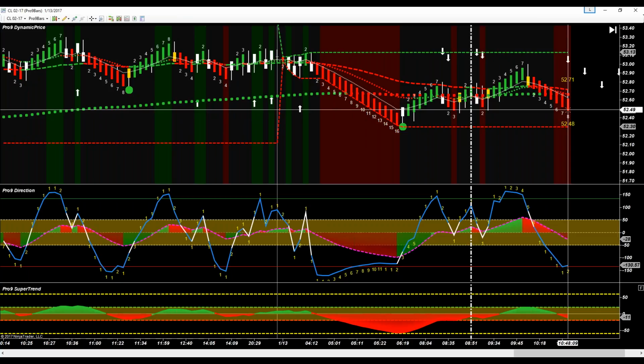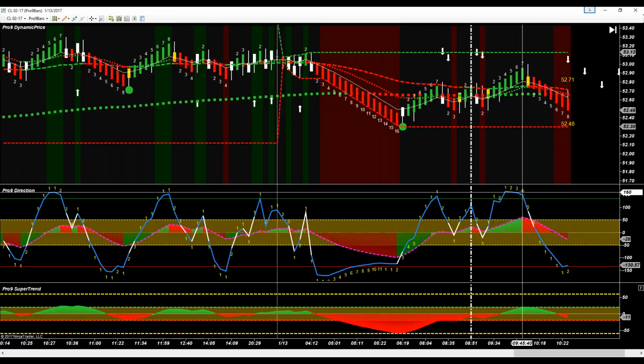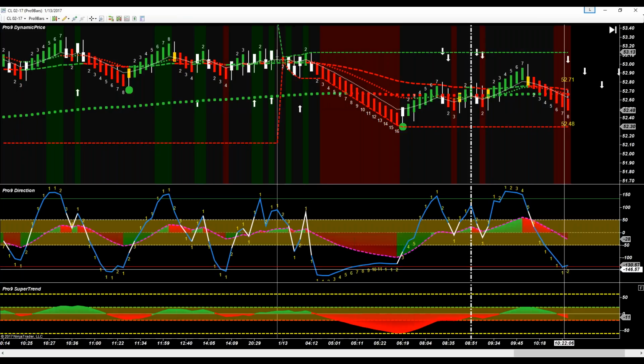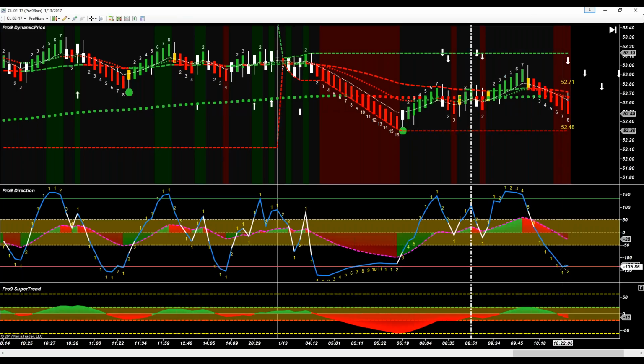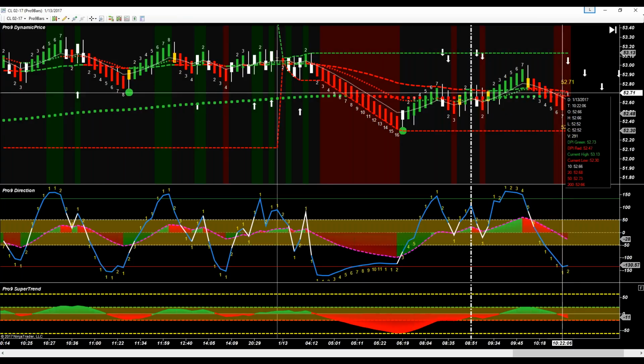And this one just depends how comfortable you are. I did see my blue line just come from one extreme and make it to the other. So that's a pretty strong sign that I'm out of chop. So this one could definitely be entered.